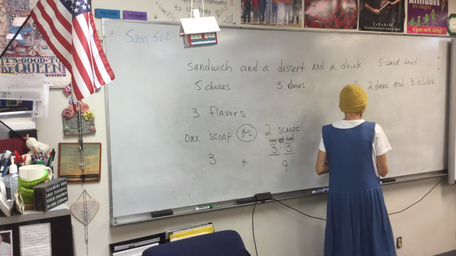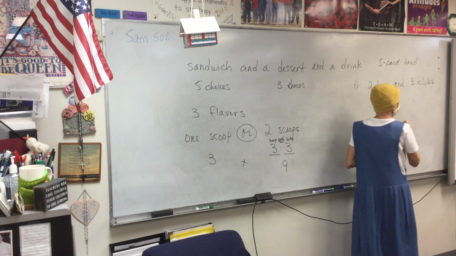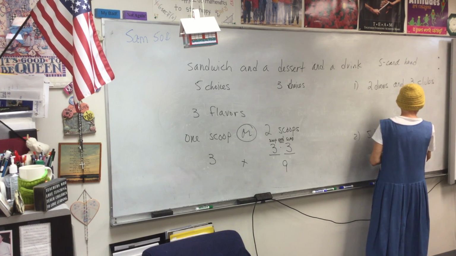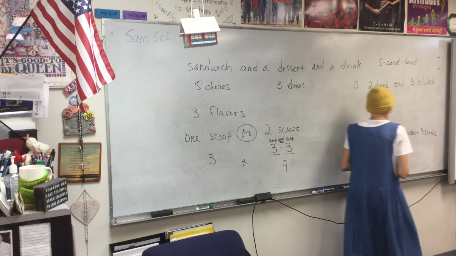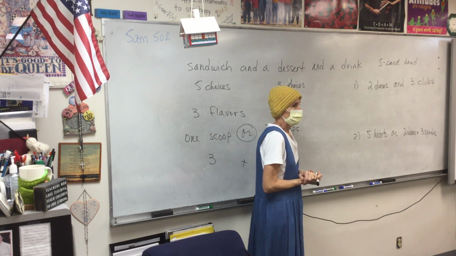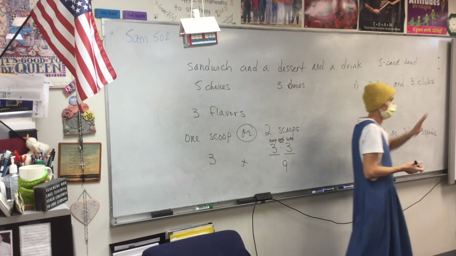Problem 2: I want to get 5 hearts or 2 diamonds and 3 spades. Alright, so let's look at this one. I want to get 2 diamonds and 3 clubs.